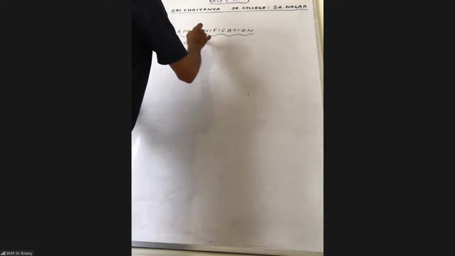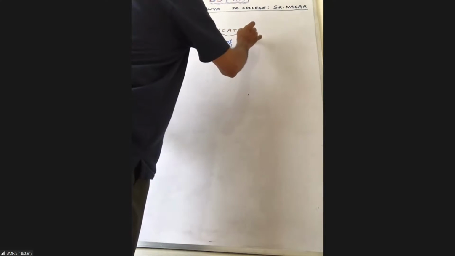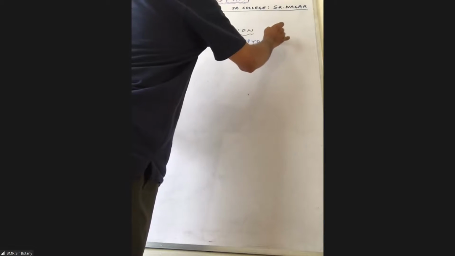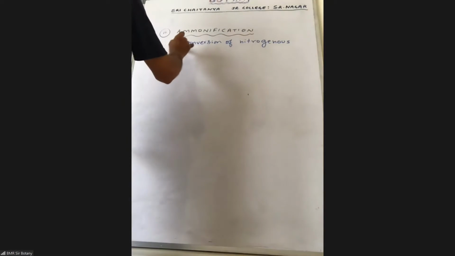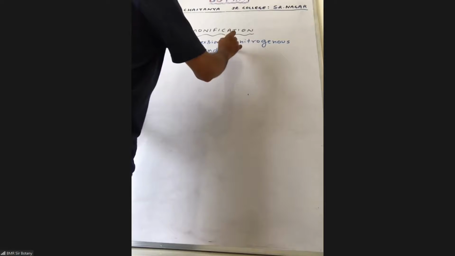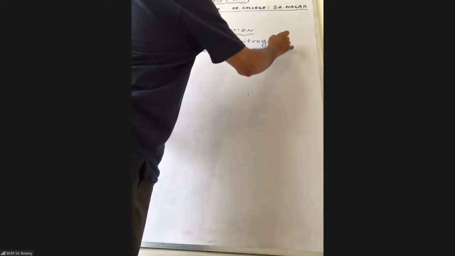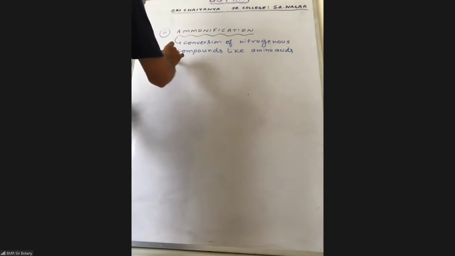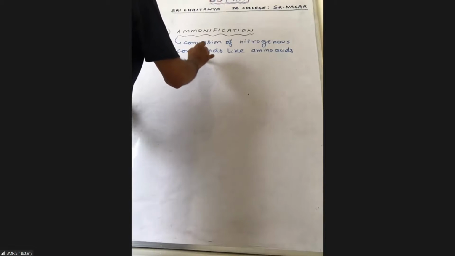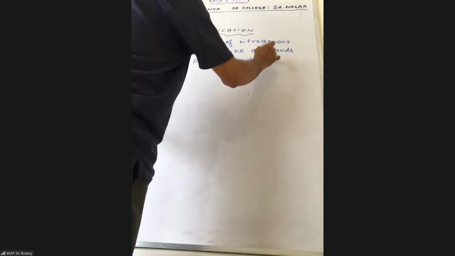Ammonification. Tell me, Nana, what was ammonification? Nothing but conversion of nitrogenous compounds, like amino acids and proteins, into ammonia.